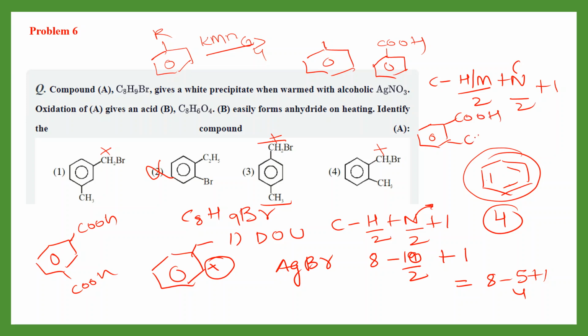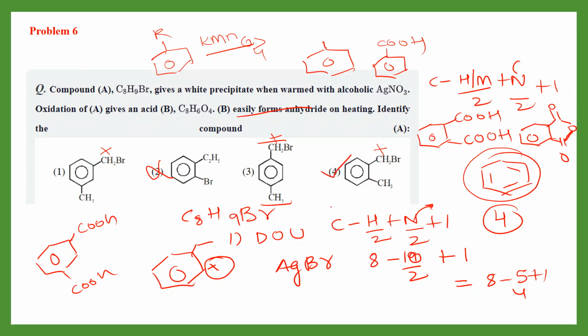When two molecules of acid are heated, they lose water and form an anhydride like this. So in option D, both the groups are ortho to each other, therefore they easily form an anhydride. Therefore option 4 is most appropriate.